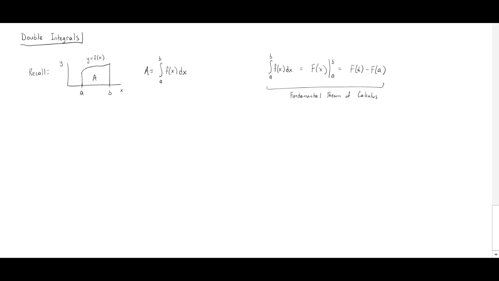If we have a function of two variables, then we think of the function as representing the z-coordinate, right? So let's say this is the graph of some function f of xy. Okay.